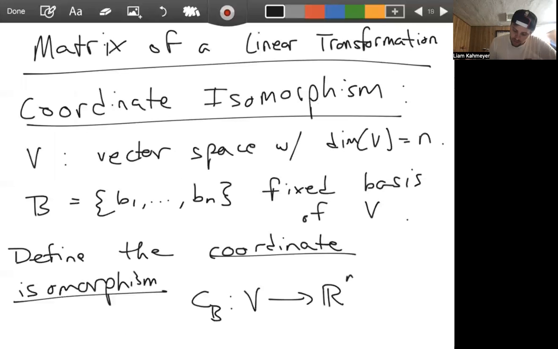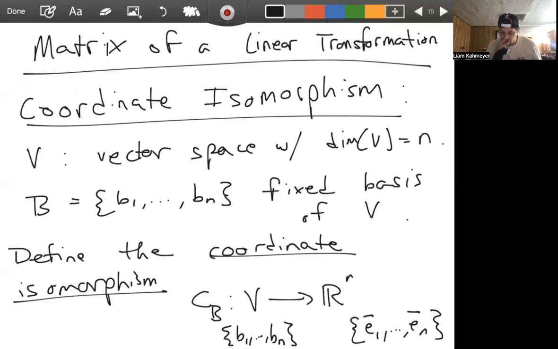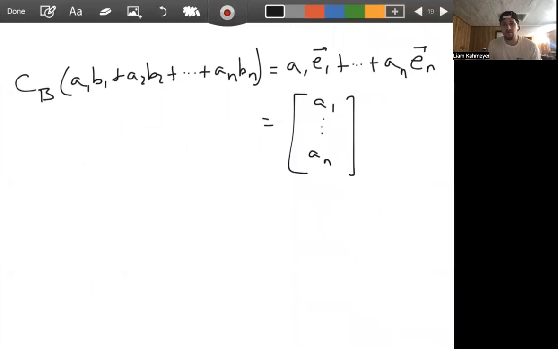What is this doing? We have a basis of V given by B1 through Bn, and a standard basis for Rn given by E1 through En. The coordinate isomorphism says: for a given v equal to A1 B1 plus etc., plus An Bn, what would the vector look like in Rn?